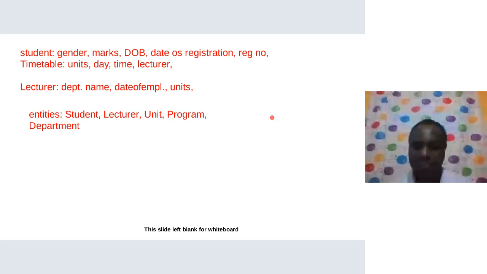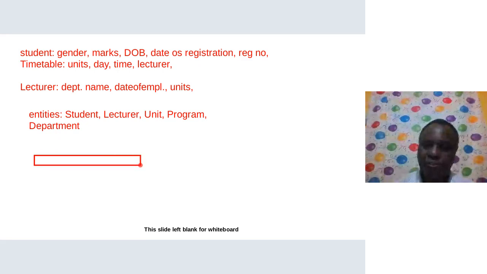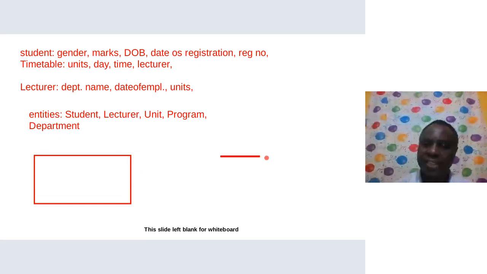But for now, if you can say, okay, those are some of the entities that are possible, then you go to draw your conceptual model. When you draw your conceptual model, we say that the entities are represented using rectangles. For this time, we are not identifying the attributes, we are only identifying the entities.